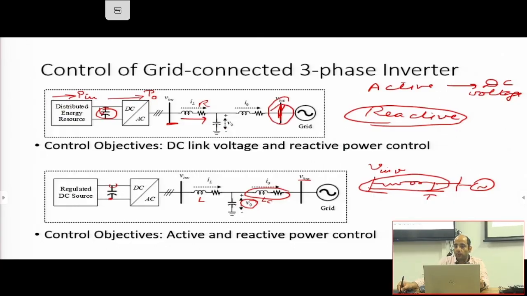Because the PCC voltage is fixed, to change the active and reactive power, we have to change the current that is flowing here. How can we change the current? Current would change only when the fundamental inverter voltage changes. So our objective is to change the current by controlling the fundamental inverter voltage. So we have to now know what should be our fundamental inverter voltage.